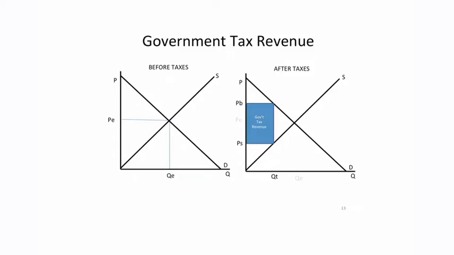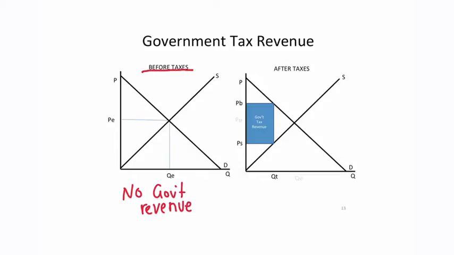So in equilibrium, before we have the tax, there's no government revenue because there are no taxes. So in equilibrium, with no taxes, there's no government revenue and no provision of public goods.